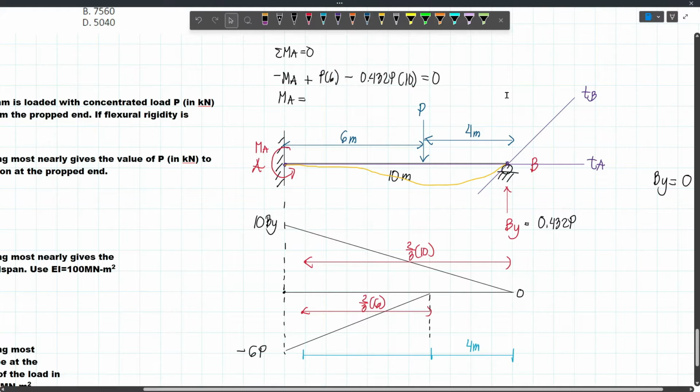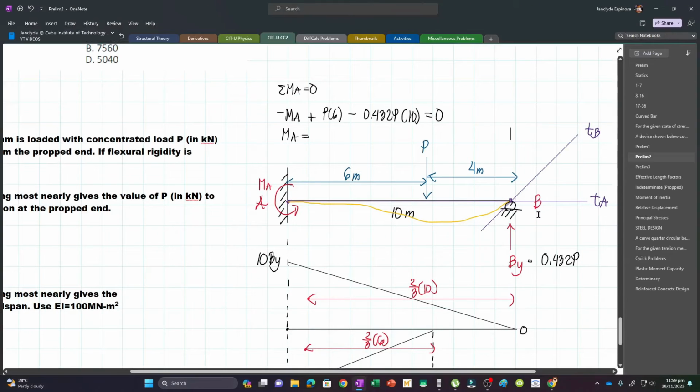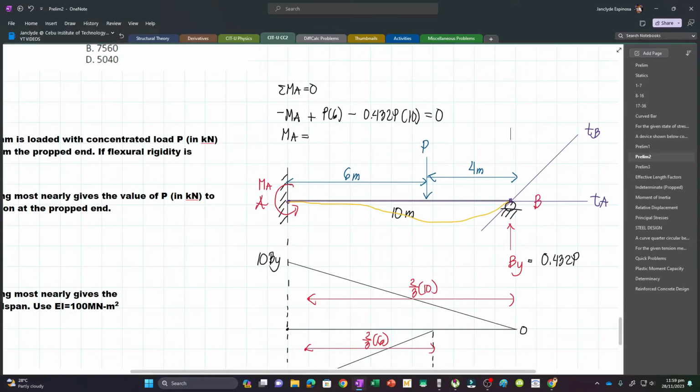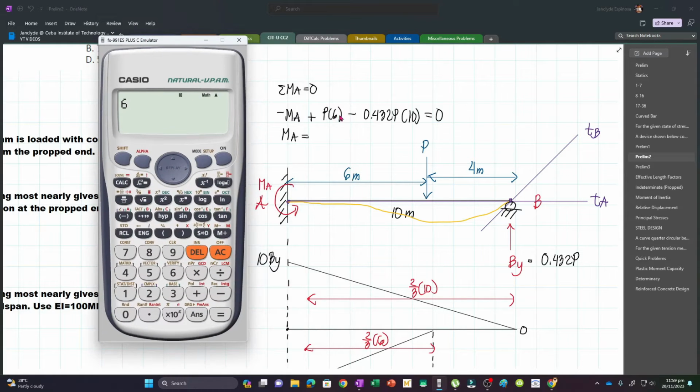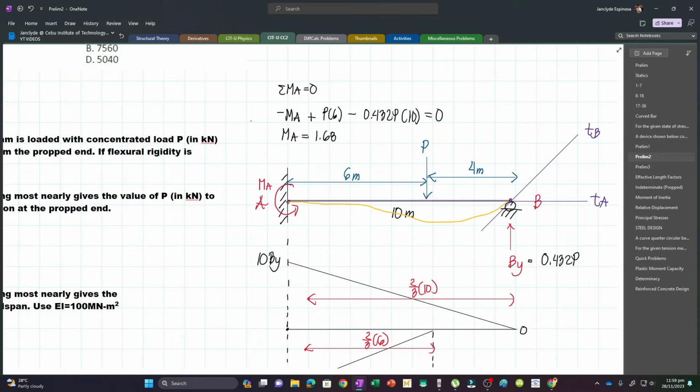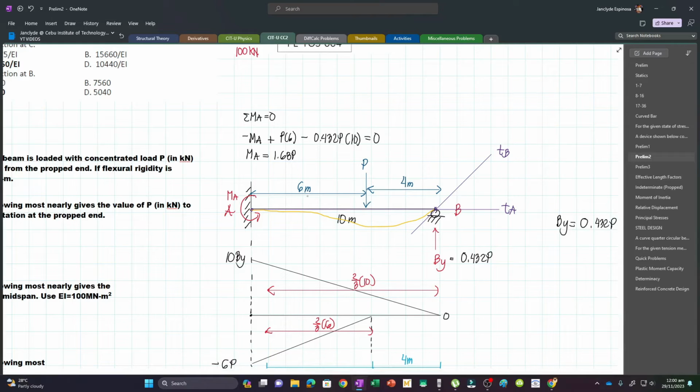Again, i-disregard ang P and then let's just solve sa katong interest nato ang coefficient sa P. So basically may mo siyang 6 minus 0.432 multiplied by 10. So, may mo siyang 1.68p. So, kana, 1.68p.